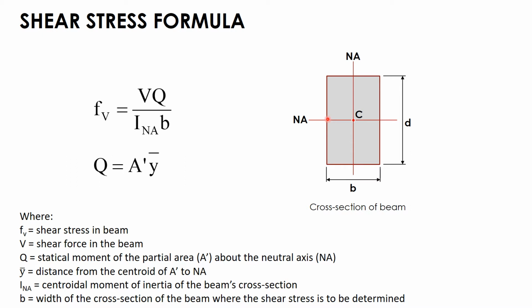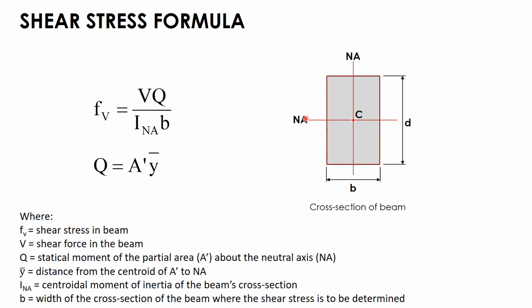If your A prime is above the neutral axis, it can be B multiplied by D over 2. It is also possible to take A prime below the neutral axis, so it will also be B multiplied by D over 2. Since the neutral axis is our reference in getting A prime, and we said this is the location of the centroid of the area, the area above the neutral axis and the area below the neutral axis are equal, whether the cross-section of the beam is rectangular or any other cross-section.